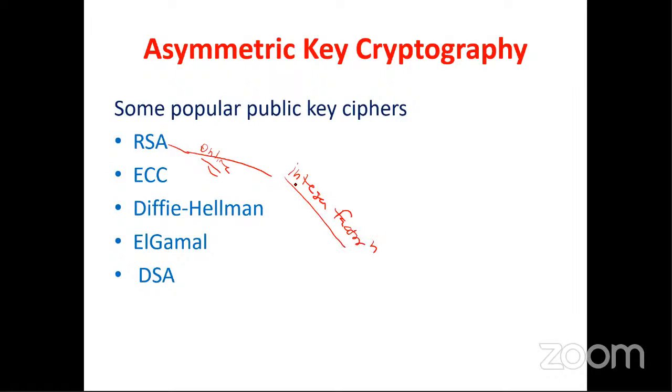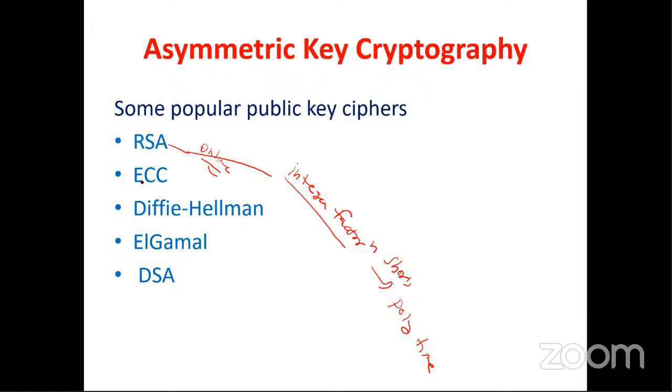This integer factorization is difficult for a classical computer, but for a quantum computer, which algorithm can factor this efficiently in polynomial time? Shor's algorithm. Perfect. Thank you. So using Shor's, we can factor it, and even for large numbers, we can do it in polynomial time on a quantum computer.